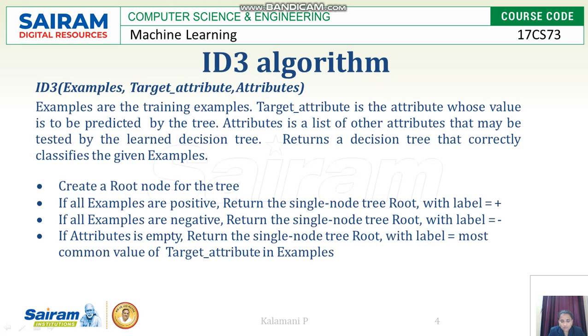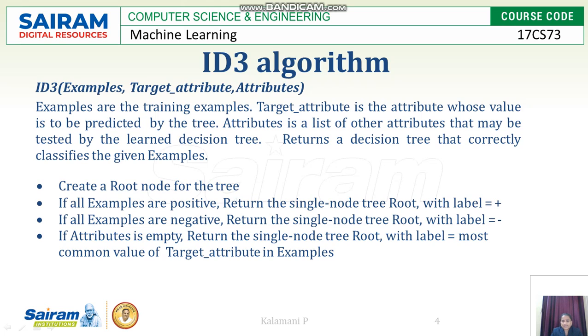First, we have to create a root node of the tree. Then, if all examples are positive, that is, the training examples are all positive, return a single node tree, root, with label plus. If all examples are negative, return a single node tree, root, with label minus. If attributes is empty, that is, there is no attribute, return a single node tree, root, with label equal to the most common value of the target attribute. So you should understand this: if all the examples are positive, only one root node will be there with positive.